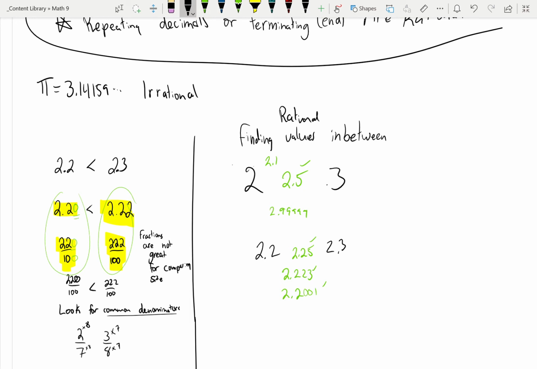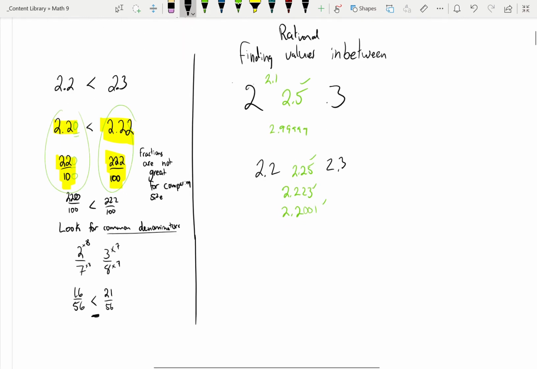Where it gets a little bit more complex is for something like 5 over 8 and 6 over 8. Well, this one is trickier. I need to find a number that's in between. So option 1, I can always convert to decimals.